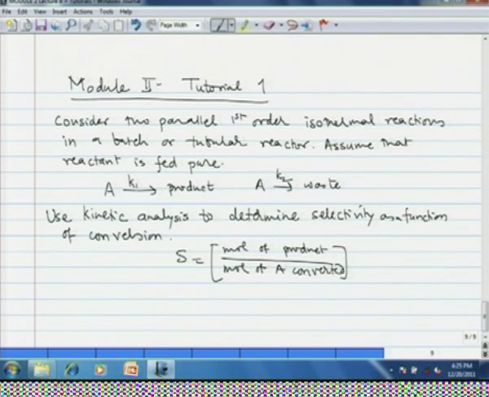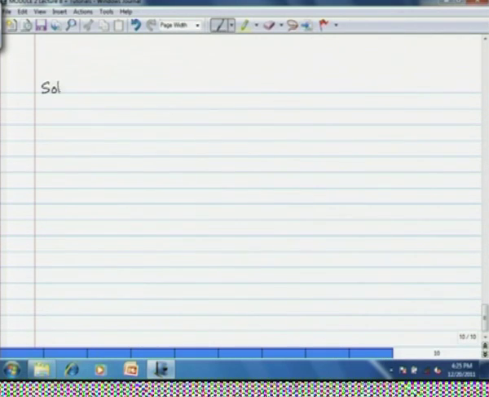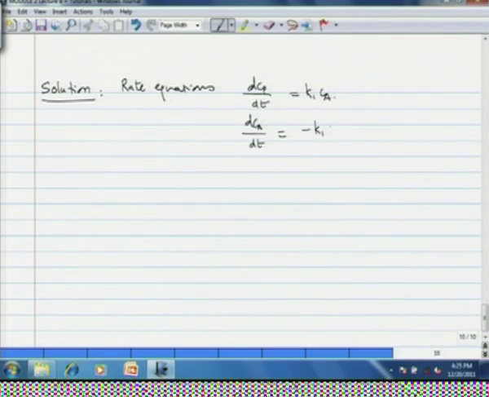Now, let us start the analysis. Let us write the rate equations. dCp by dt, where P denotes the desired product, is equal to K1 into Ca. dCa by dt is equal to minus K1 into Ca minus K2 into Ca, because A is getting consumed through two reactions.